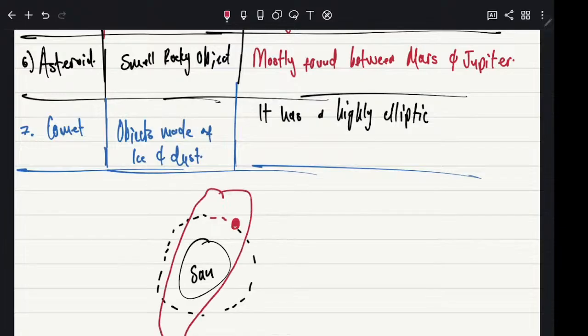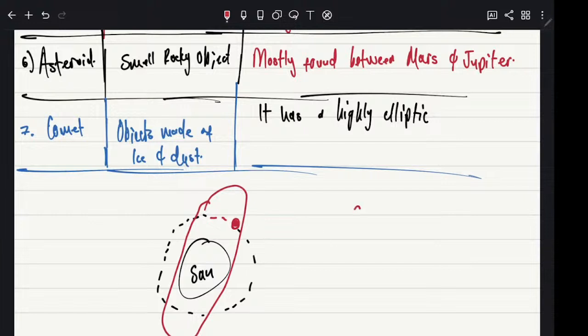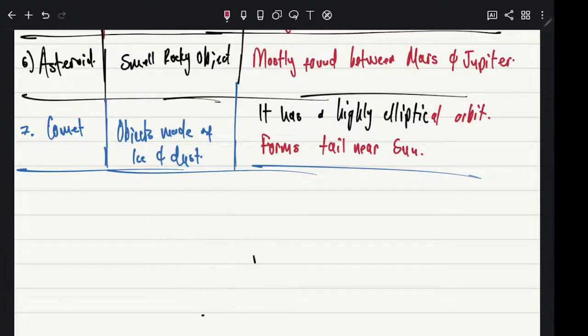This is elliptical. It means it's not a nice circle. So it is a highly elliptical orbit, and it forms a tail near the sun. Are we together, students?